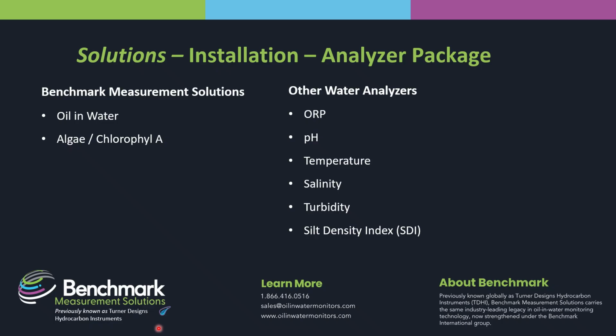In the monitoring solutions for the water processes, there are many common water analyzers used that are common in drinking water or other industrial processes. ORP, which is oxygen reduction potential, pH, temperature measurement, salinity measurement, turbidity, as well as silt density index are all common analyzers used in desalination plants.